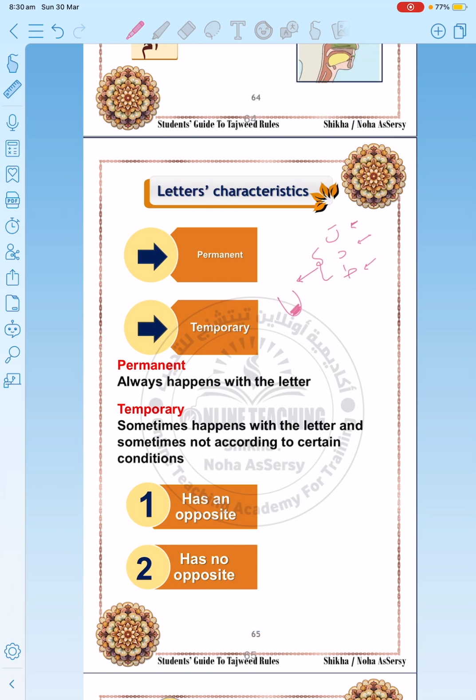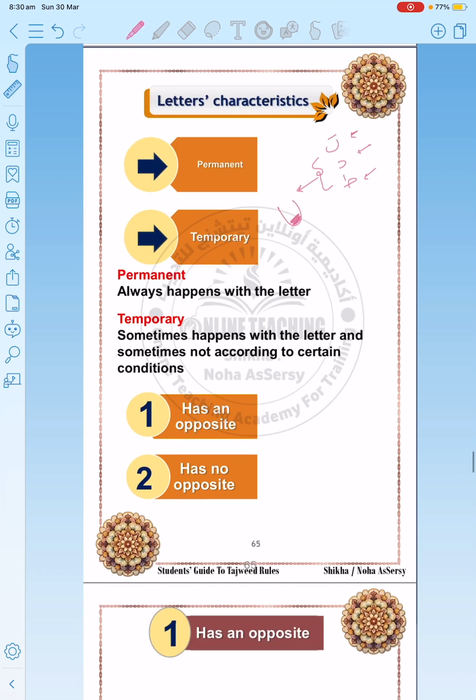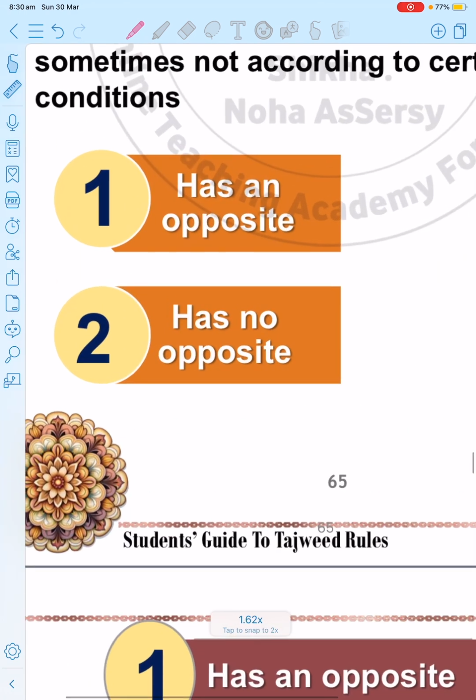So for the characteristics of the Arabic letters, we have two types: characteristics that have an opposite and characteristics that have no opposite.